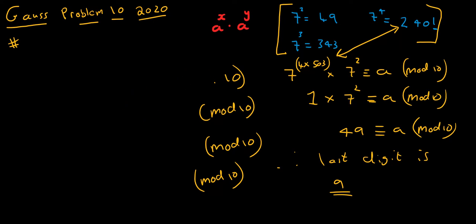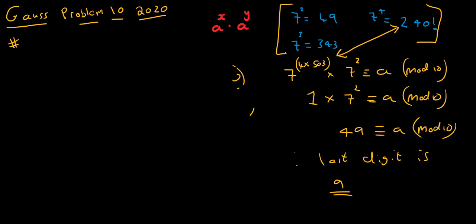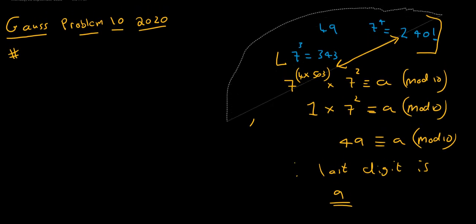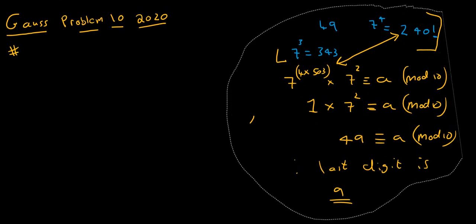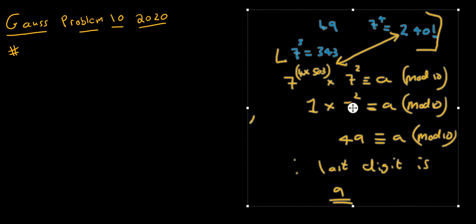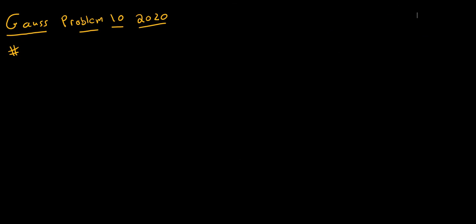Say, for instance, we're doing last 2 digits. So let's do powers of 7 again, and we want to find what 1 is worth mod 100.